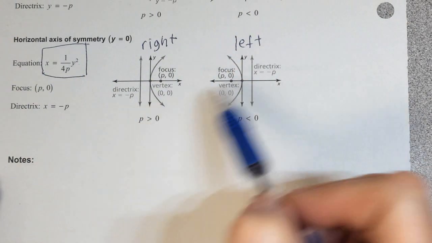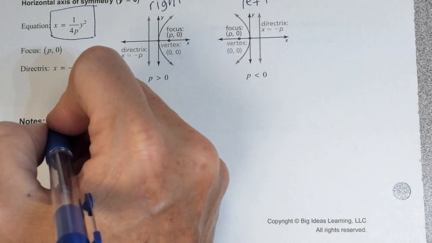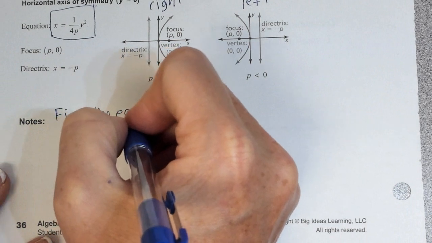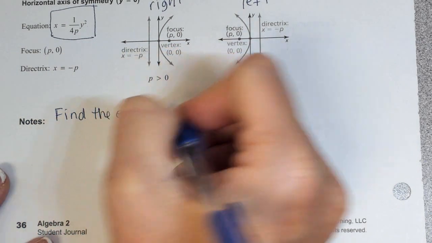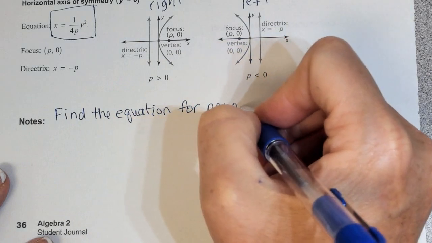It's kind of hard to understand all of this without an example, so I want us to do an example here together. So we're going to find the equation for the parabolas below.